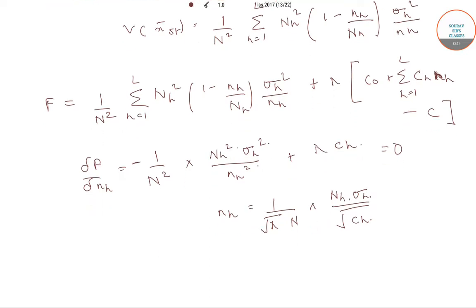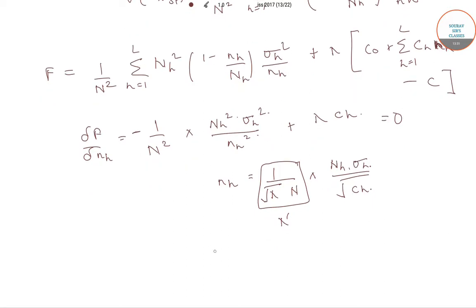So if we put this part, that is 1 by root over lambda into capital N, as lambda dash, then we will have nh equal to lambda dash into capital Nh into sigma h divided by root over ch. So nh is equal to this.